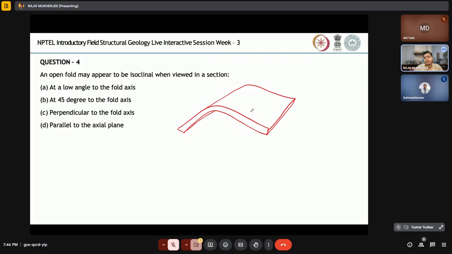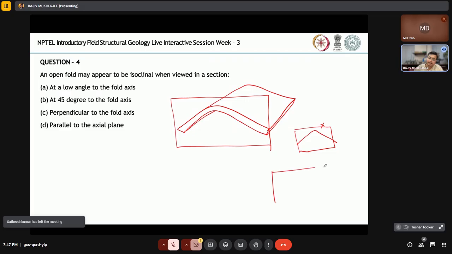Now, for a fold like this, if I get the profile plane as the outcrop in a 2D section, the profile plane would look like this. This is definitely not an isoclinal fold, right? What an isoclinal fold would be is something like this: traces of the limbs which are essentially parallel to each other.